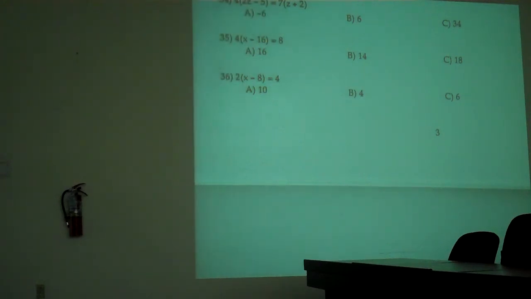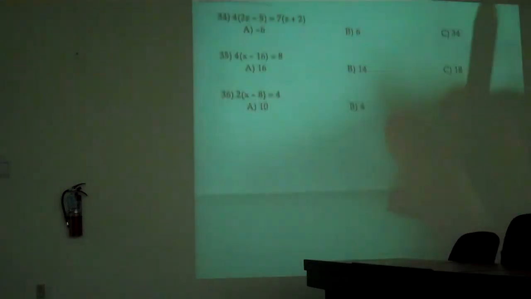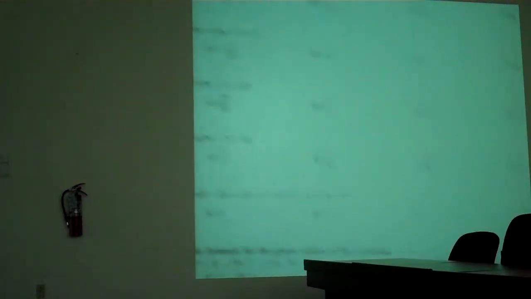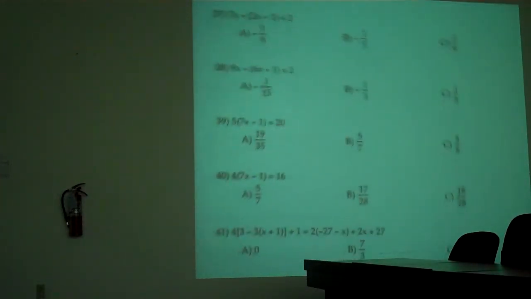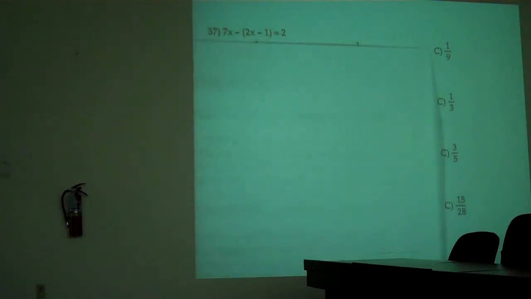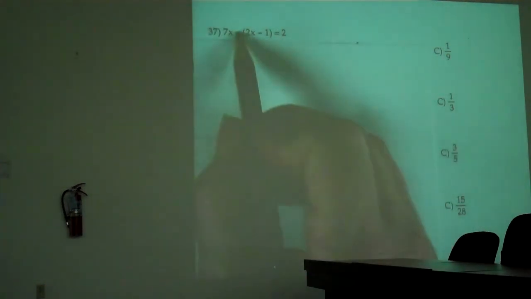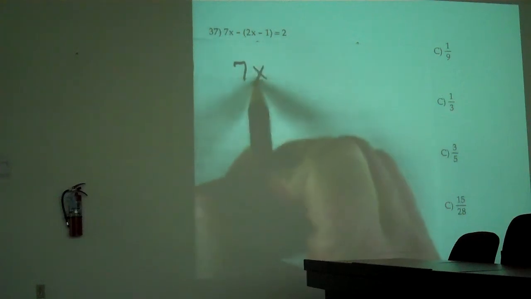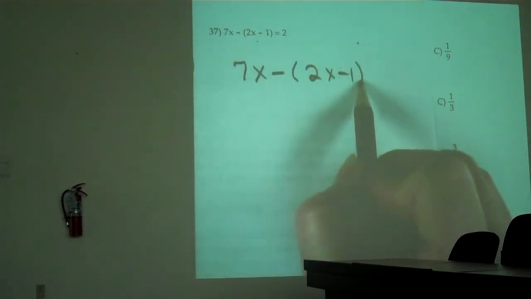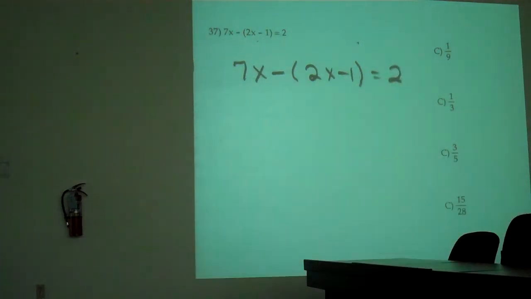Okay, number 35, I'll let you do 35 and 36. You only have to get rid of one parenthesis there. 37, that's a little bit tricky with the parenthesis. We'll go ahead and do that one together, because it has the minus there. 7x minus (2x minus 1) equals 2.